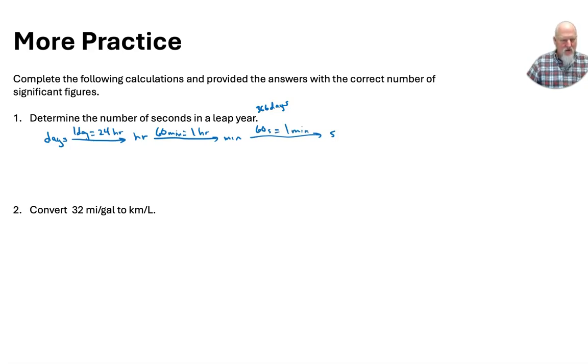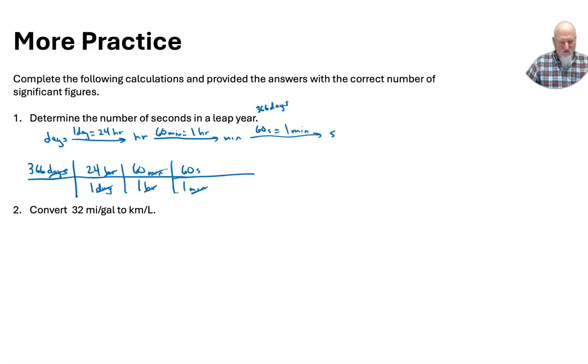Okay, starting with what we're given, we have 366 days. So doing train tracks in this case, 1 day is 24 hours. 1 hour is 60 minutes. Oops, let's cancel days, cancel hours. 1 minute is 60 seconds.